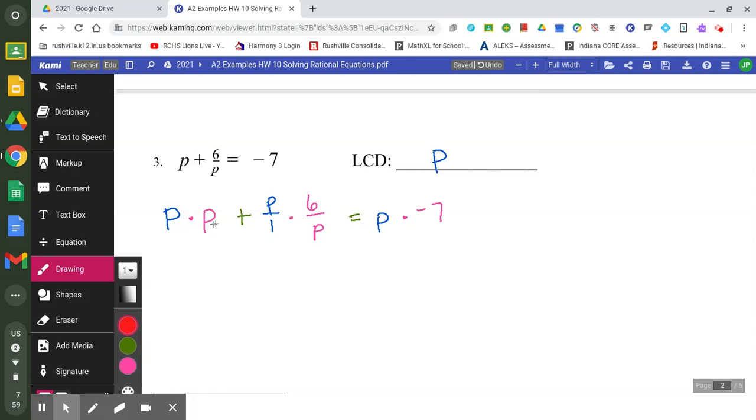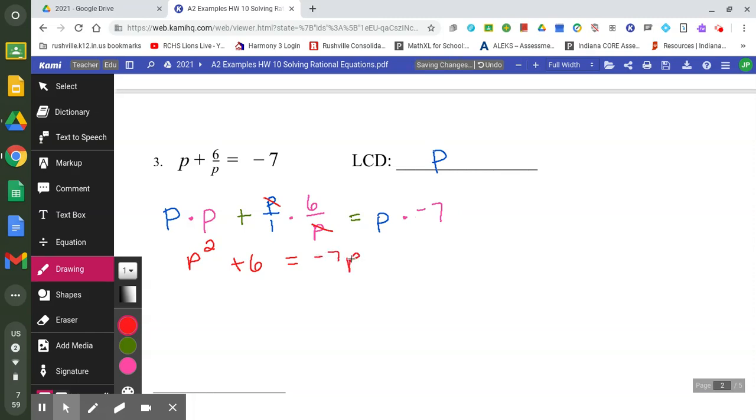So there's nothing that can cancel, but I can take p times p and get p squared. And then here, this p and that p cancel, so plus 6 equals, and then p times -7 gives me -7p.